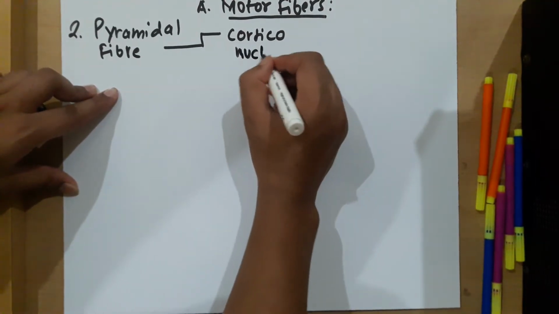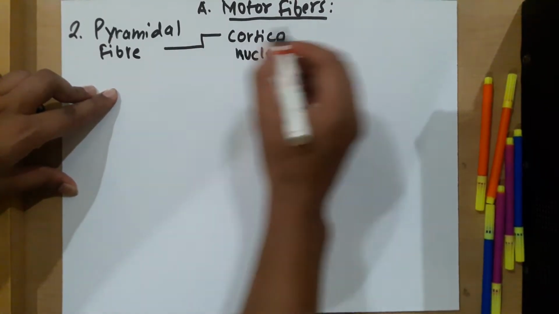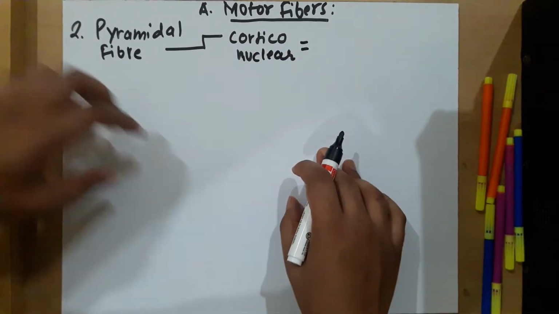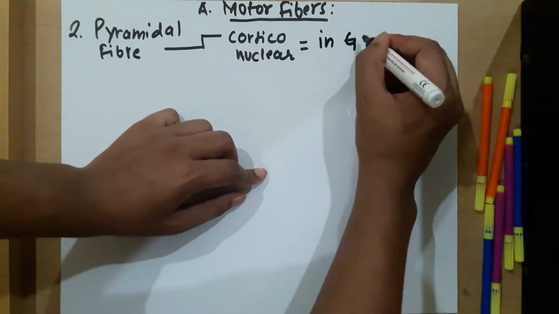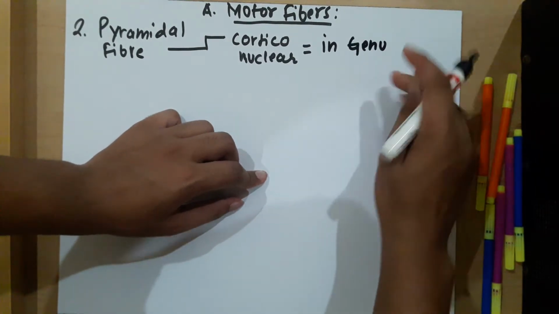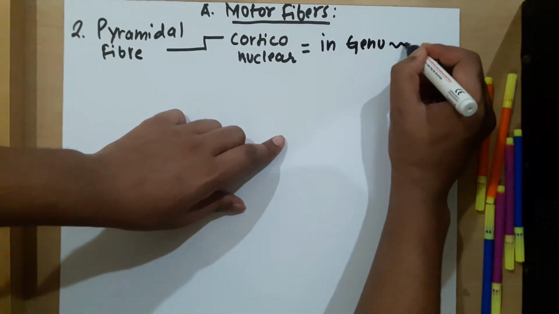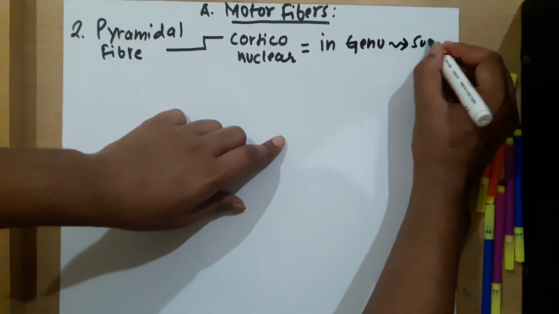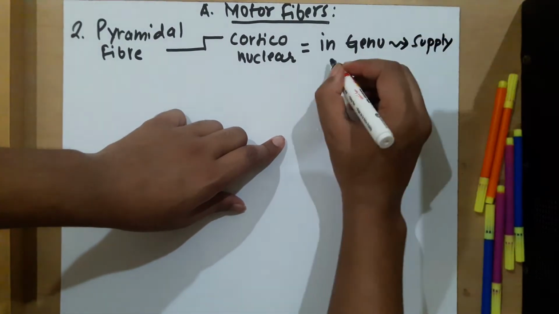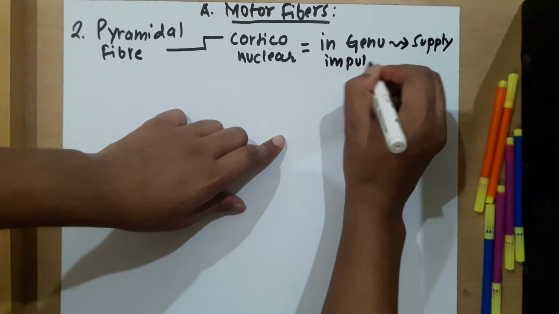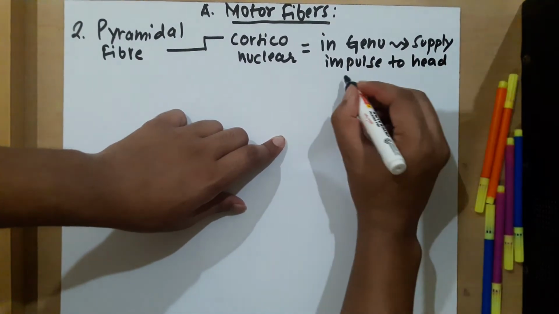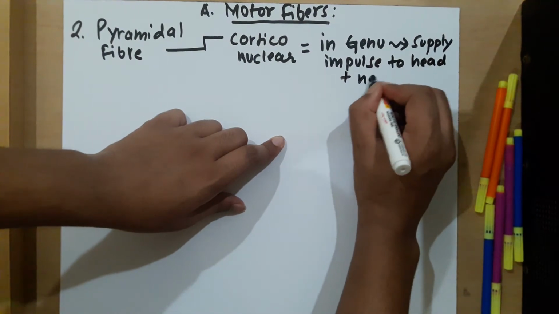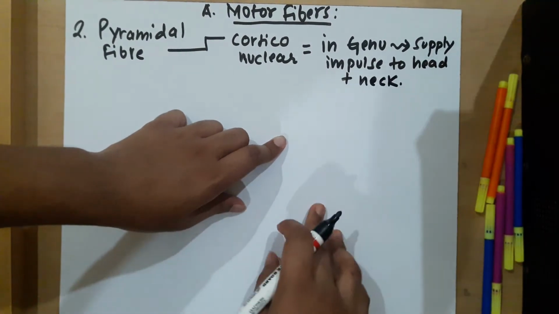The corticonuclear is present in the genu, and it is a motor fiber, so it takes impulse to the head and neck. Why have I written this? Because this will help us understand the clinicals. It supplies impulse to the head and neck.